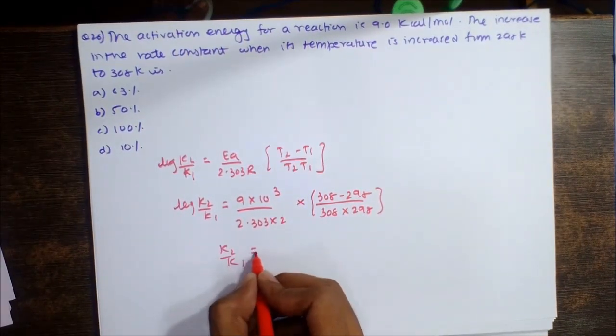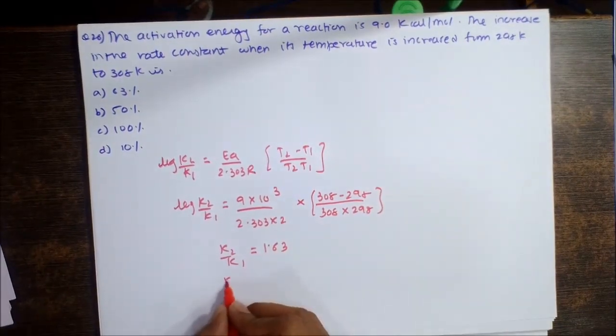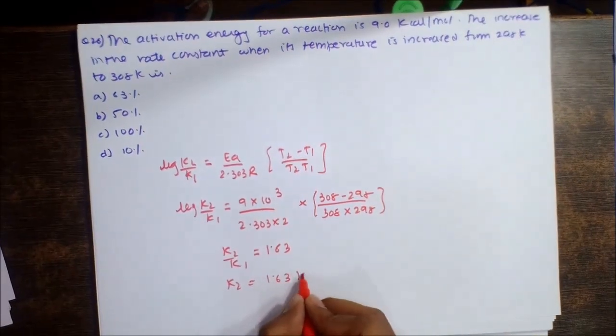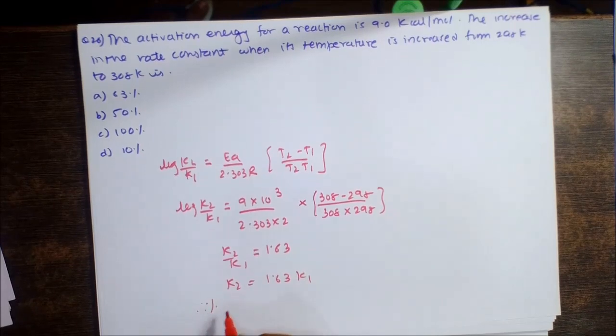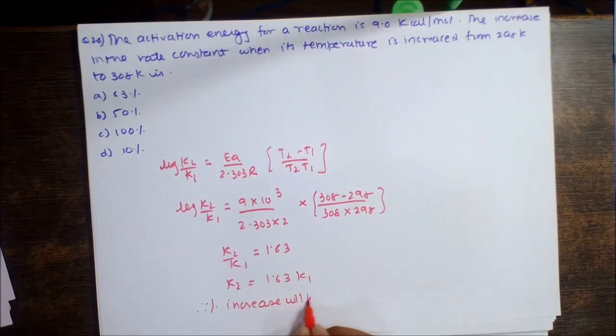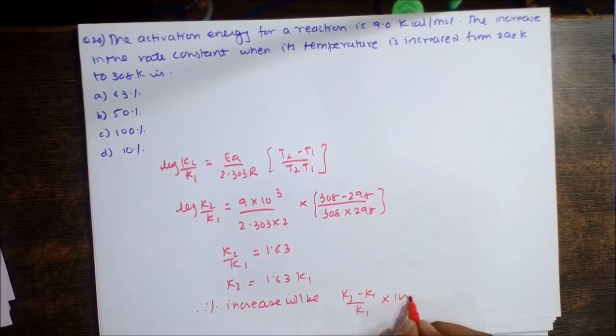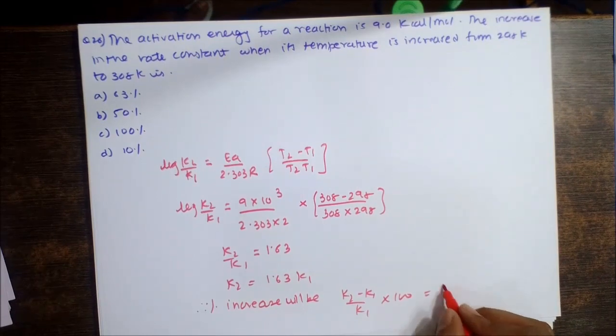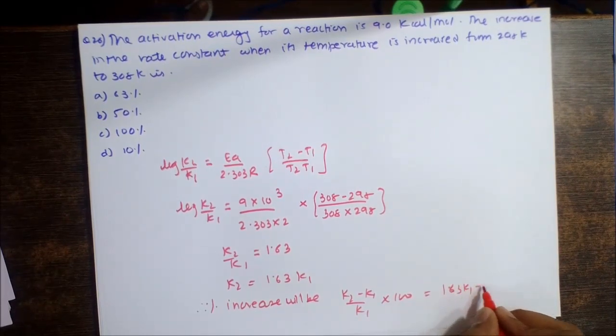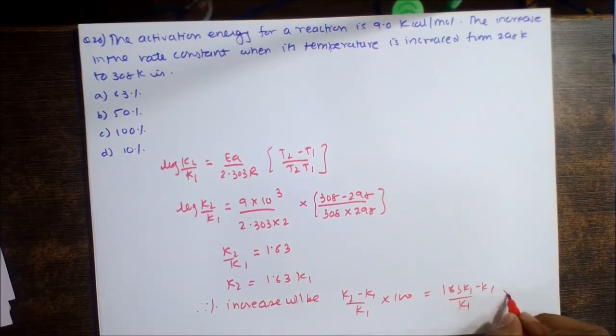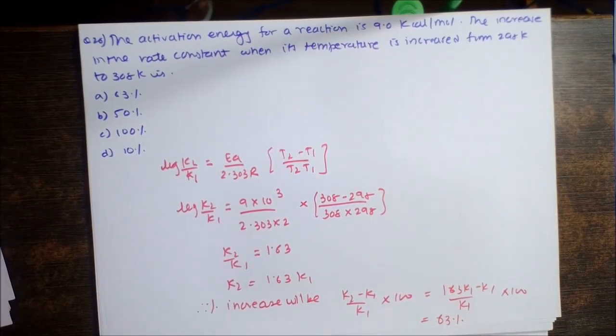K2 by K1 would be equal to 1.63. K2 equals 1.63 into K1. Therefore, percent increase will be K2 minus K1 upon K1 into 100, which comes out to be 1.63 K1 minus K1 upon K1 into 100, which is equal to 63%.